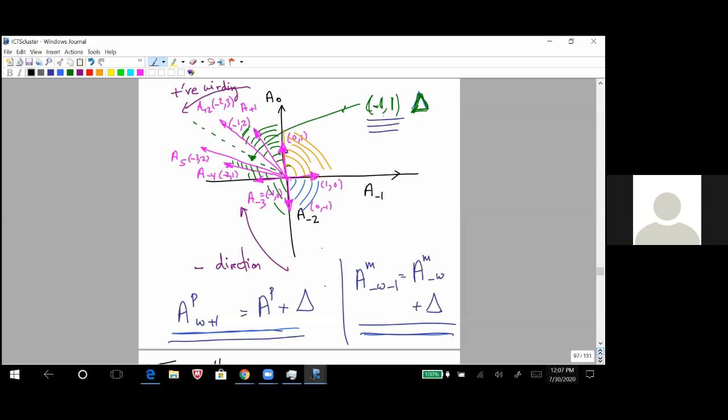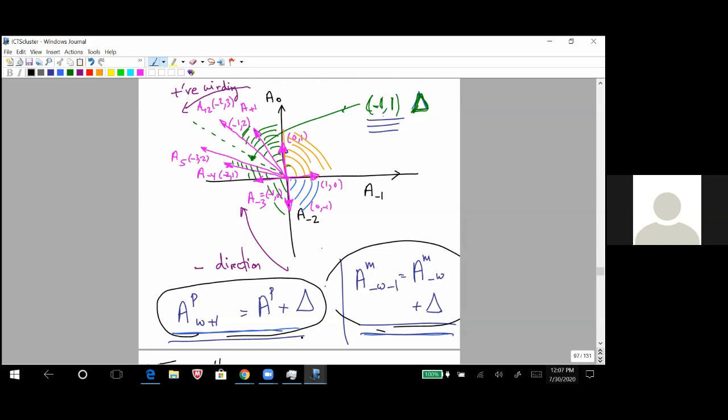And the really interesting thing is that the action of the mapping class group on the G vectors is almost linear. Okay, it's almost linear, and here we see it. Here we see that on the positive winding guys, it's just linear. It just shifts with delta. And on the negative winding ones, it's also linear, but it's a different linear transformation.